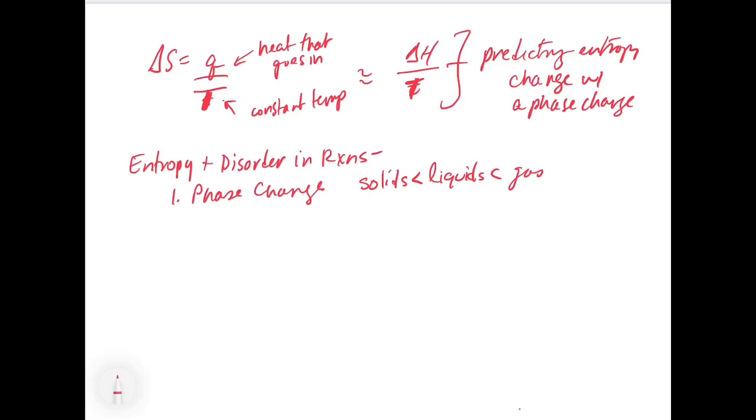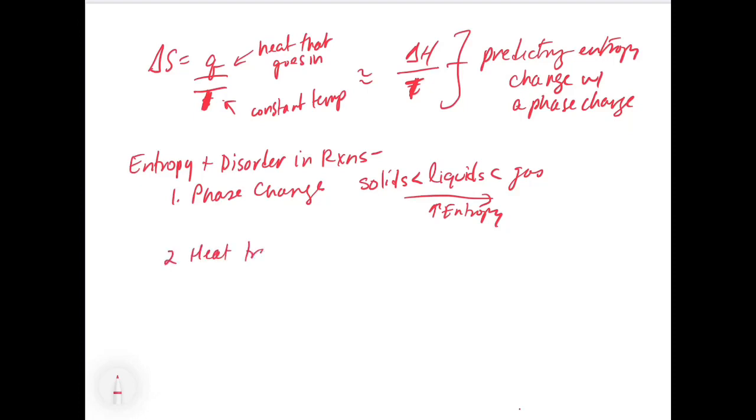So you can predict whether entropy is increasing or decreasing by knowing what phase is going into or out of the reaction. So with a phase change, if we're going from a solid to a liquid, or from a liquid to a gas, then we're going to have an increase in entropy.